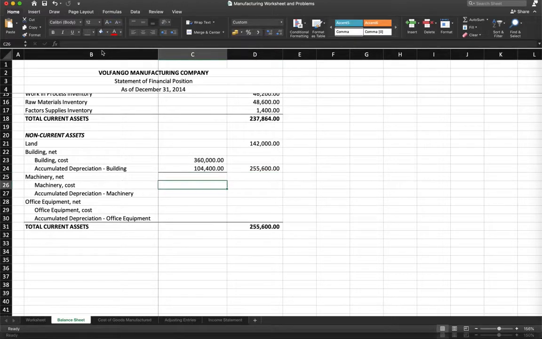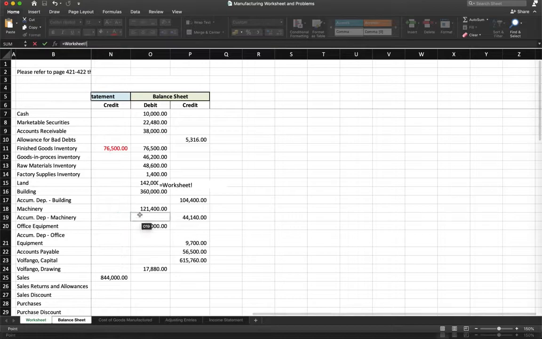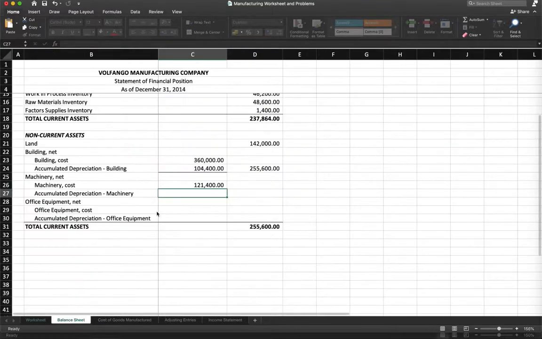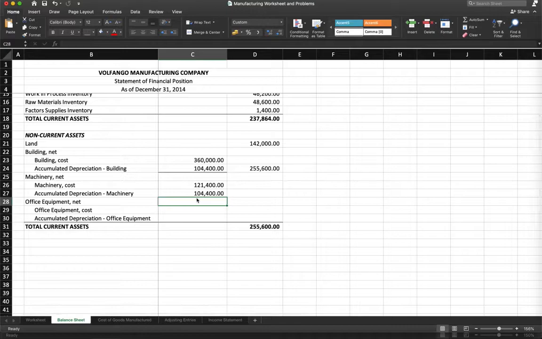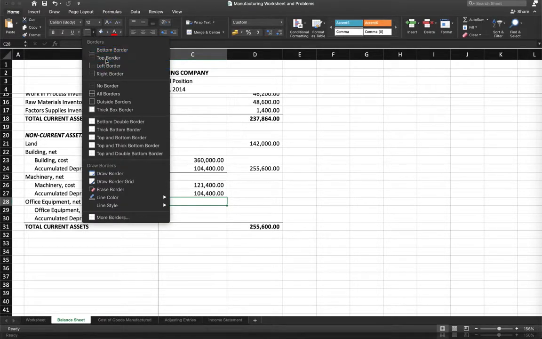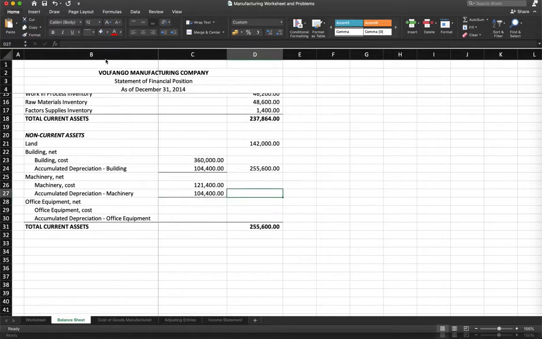Next, for machinery naman, ilan ang cost ng machinery? Machinery. And then, accumulated depreciation machinery. Okay, magkano ngayon ang net? So, pinapakita class, we present it at net carrying value, right? But, the cost is still there. 17,000.